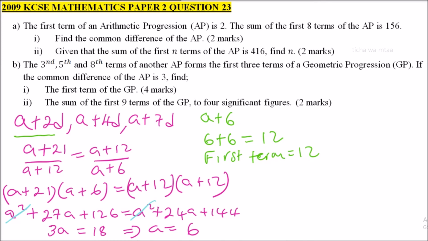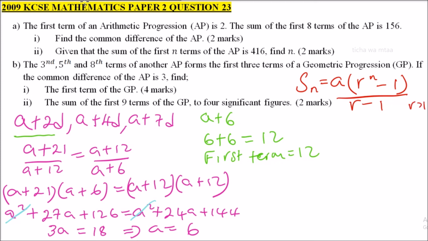From there we go to part B. Part B says find the sum of the first 9 terms of the GP to 4 significant figures. So we know the formula for finding the sum of the first n terms is a into bracket r to the n minus 1, divided by r minus 1, when r is greater than 1.